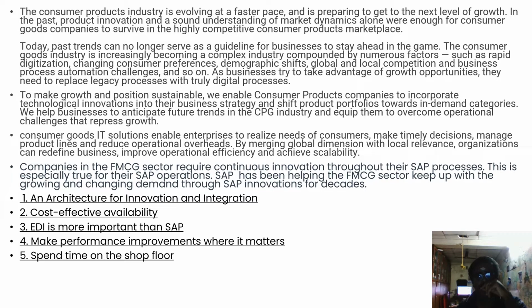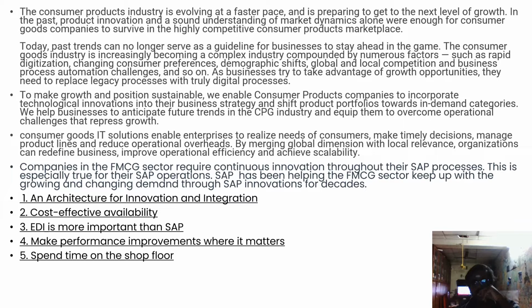Companies in the FMCG sector require continuous innovation throughout their processes, especially in SAP operations. SAP has been helping the FMCG sector keep up with growing and changing demand through SAP innovations for decades. So we have important things to consider for enriching the consumer goods industry.